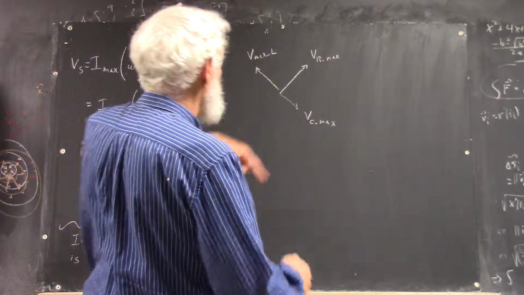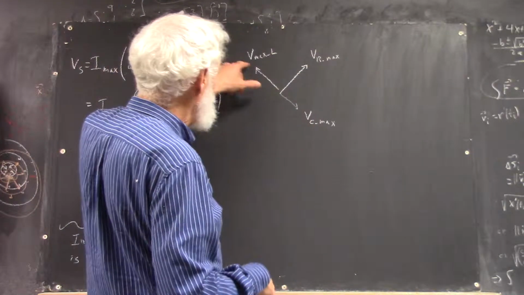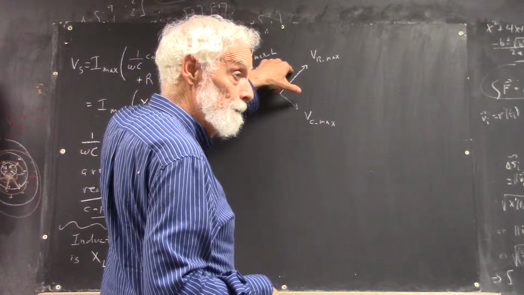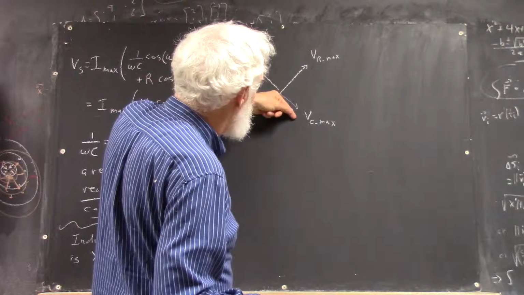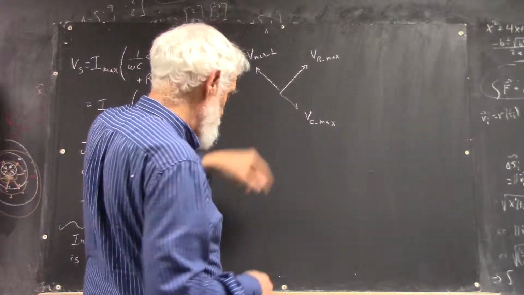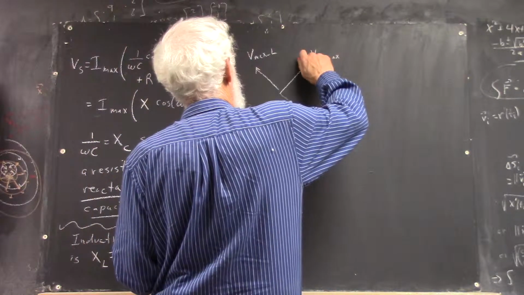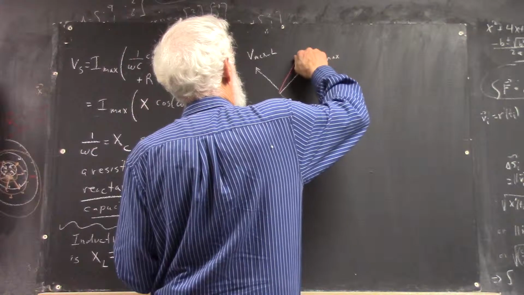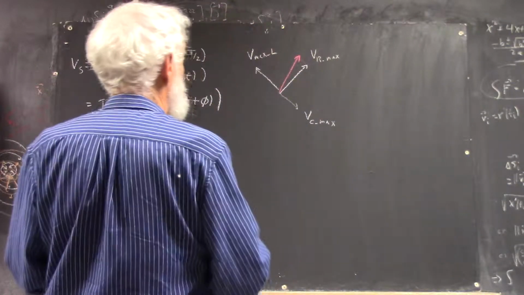And these things rotate around a circle. They have a vector sum. Now, the way I've drawn this is bigger than this, right? What's this do? This gives you a resultant that's back this way from your V sub R.